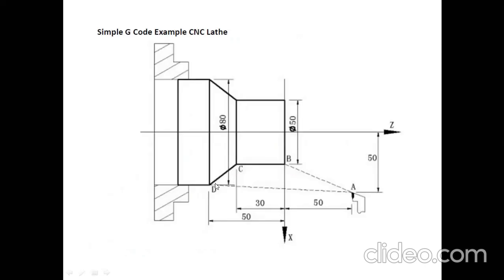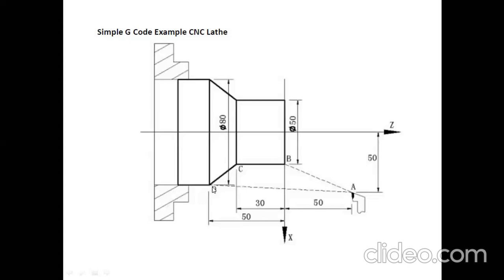And for the X distance, from point C to D we have to move the tool in the X direction, represented by 80. So the diameter goes from 50 to 80. From point C to D it covers the taper distance.